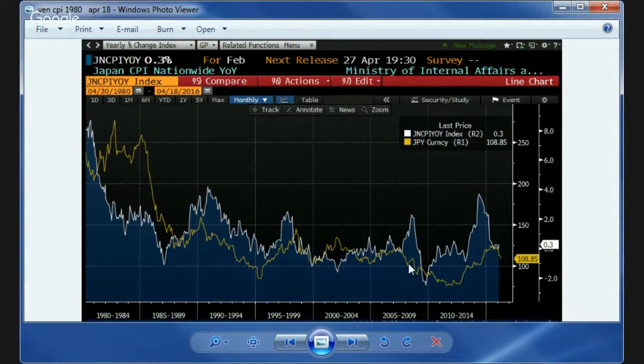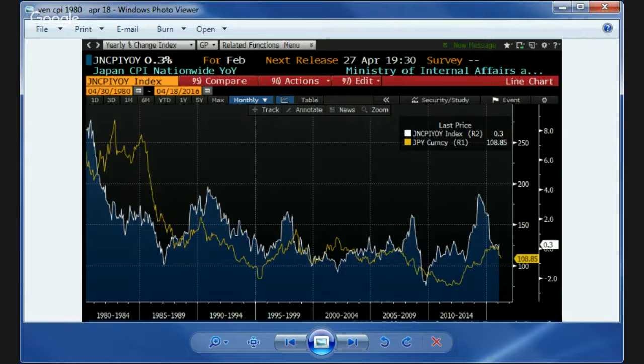From this period on, and I have another chart that I'm going to bring up to show you this, the correlation weakens because central banks are relentlessly manipulating rates. They broke down the relationship, which was fairly normal before the great central bank experiment after 2008 and the financial crash.